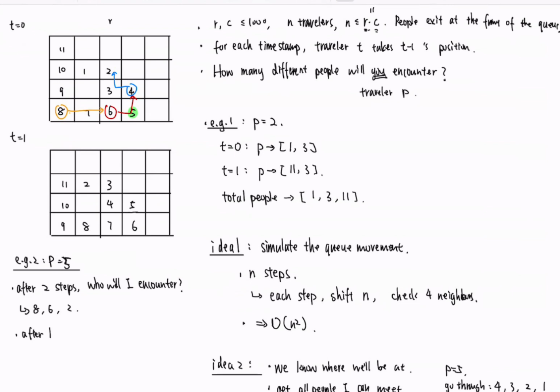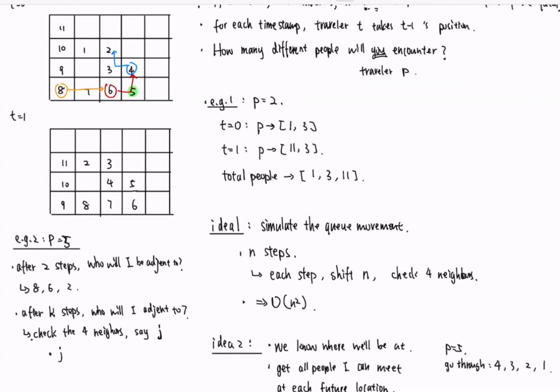So after K steps, who will I be adjacent to? Check the 4 neighbors. Say each of the neighbors is neighbor J. For each of the neighbors, we will encounter J plus the number of steps.